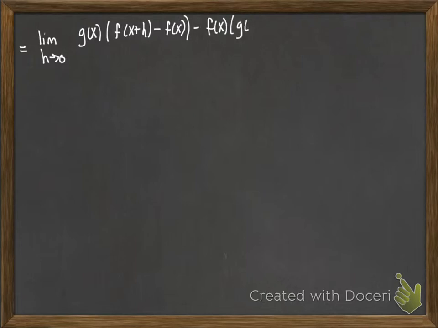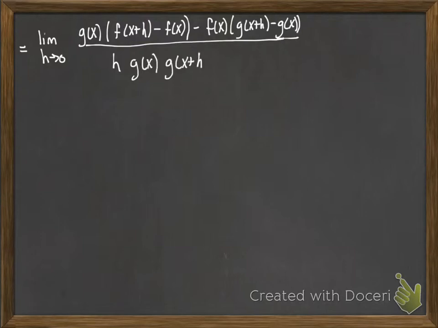So we begin doing exactly what we've just discussed, factoring the g of x out of that quantity, and factoring the negative f of x out of the other quantity, and then it'll all be over h times g of x plus h. If you want to challenge yourself, you may want to pause this and think, how would you go from here?